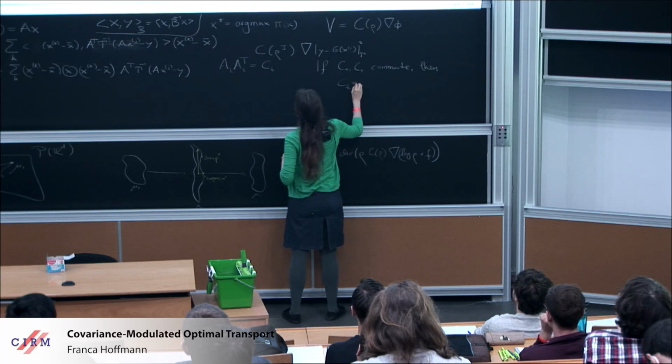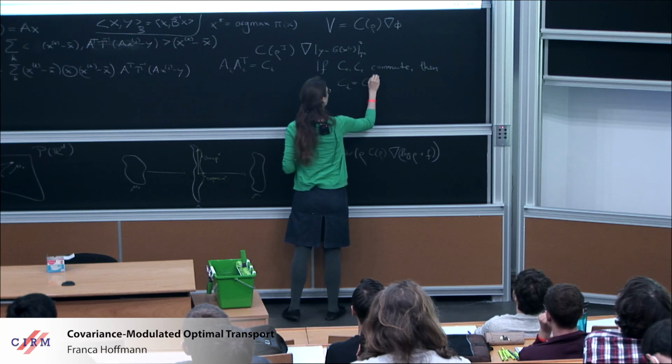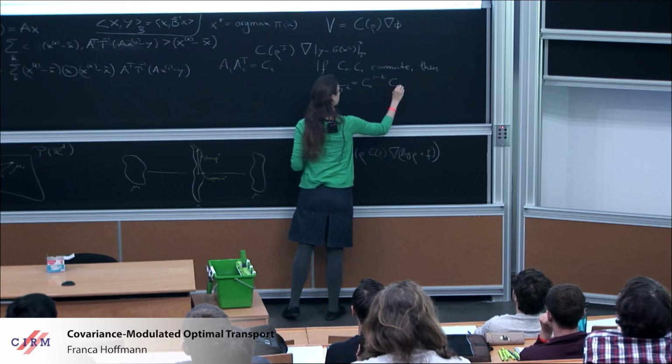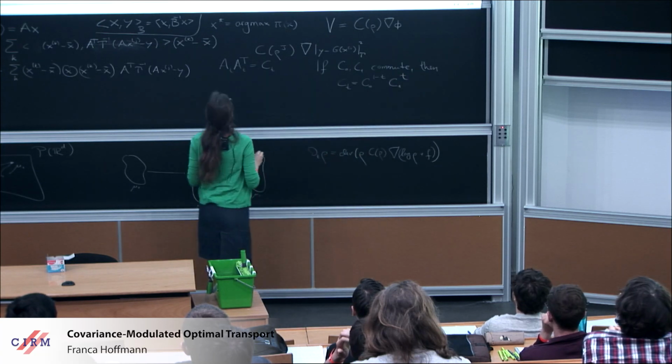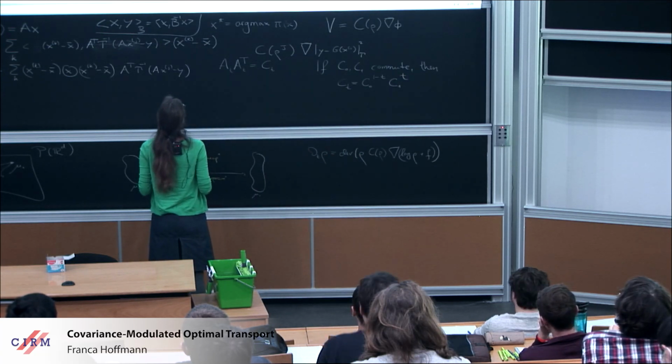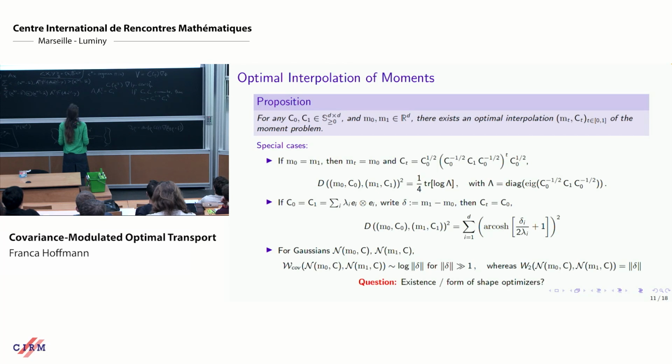And what do you get then? You get simply C0^(1-t) C1^t, right? Yeah, I think that should be correct.